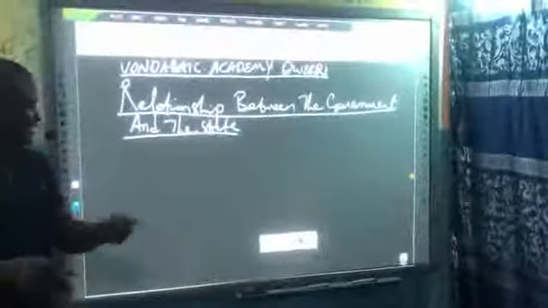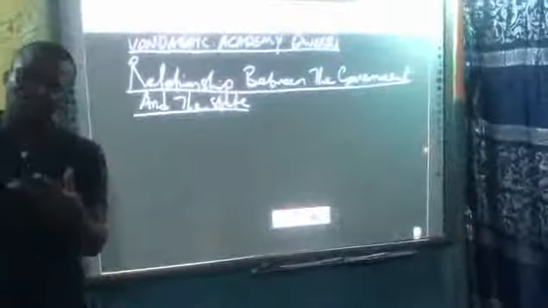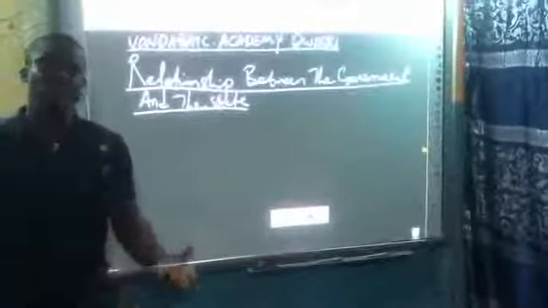Why the state, which we have defined this day, is the politically organized body of people occupying a definite geographical area or territory. That is what state means. So when you say state here, we do not mean the 36 states.